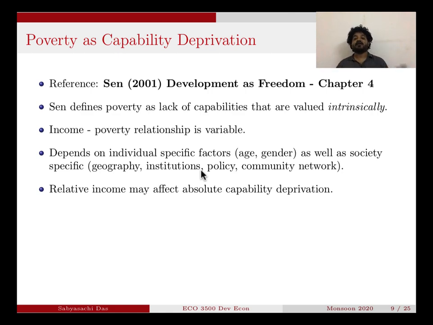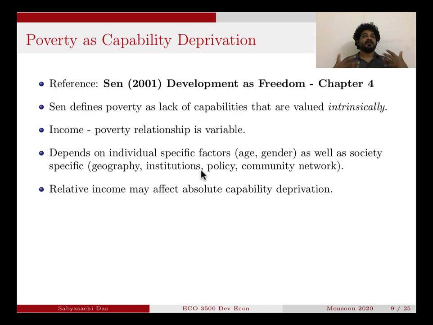As well as various society-specific factors such as geography, institutions, policy, community network, etc. So again, your ability to live a full life can be greater or lower, conditional on your income, if you have a better community network. Suppose you have a lot of support from your community in terms of your distress, you can reach out to your friends and neighbors and get help.